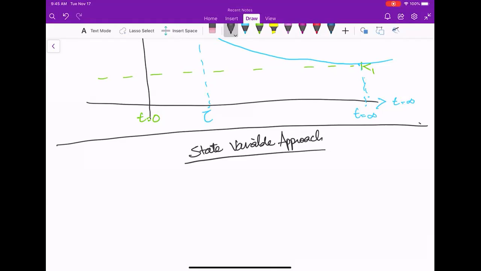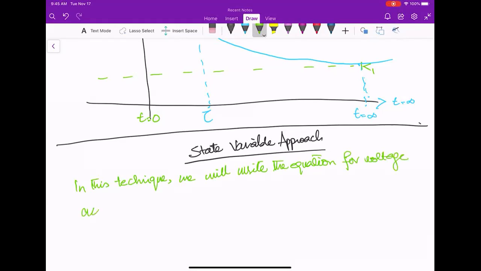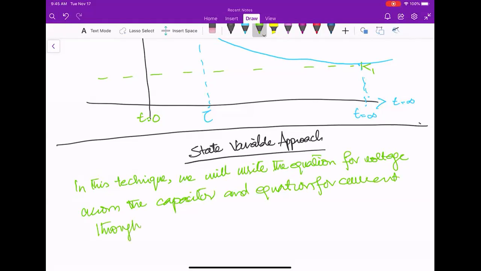What it means is that in this technique, we will write the equation for voltage across the capacitor and the equation for current through the inductor.